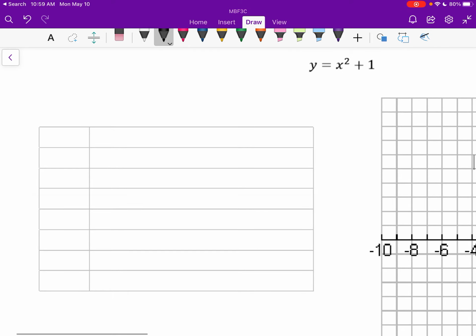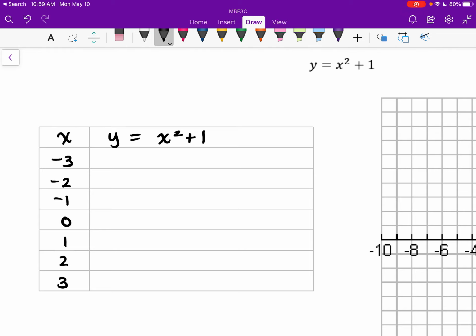We're going to do x, right? And then we're going to do y equals x squared plus 1. So let's just go in. I'm going to use my same x's because I just like to: -3, -2, -1, 0, 1, 2, 3.